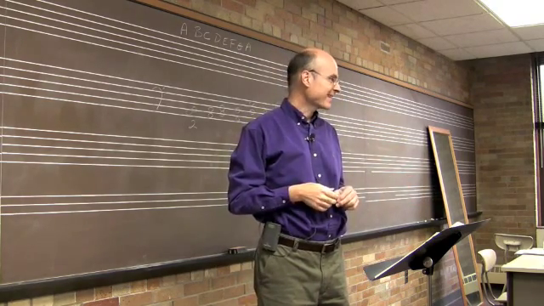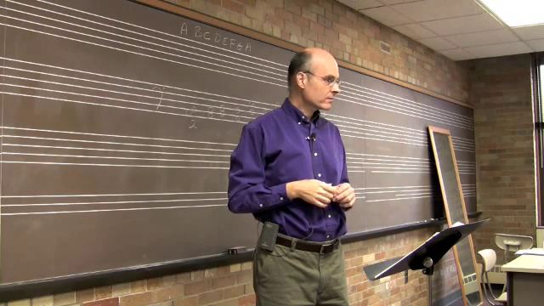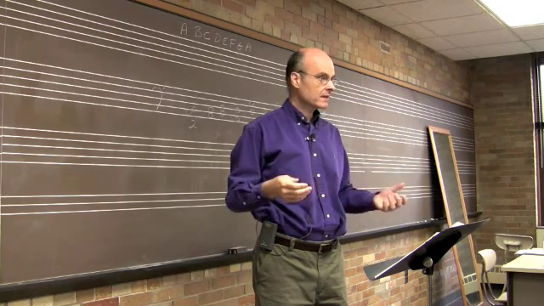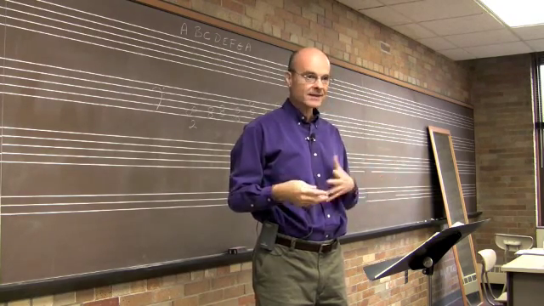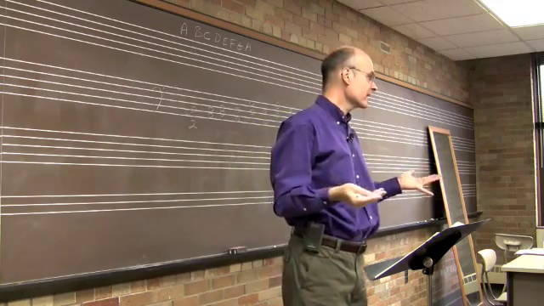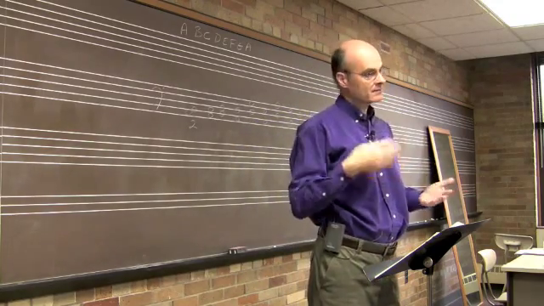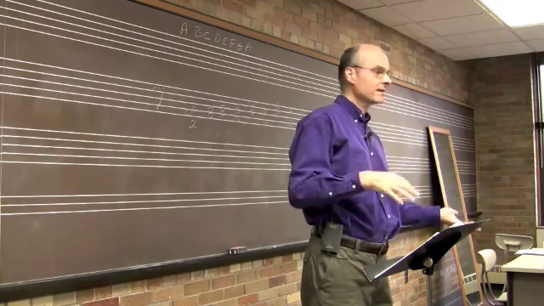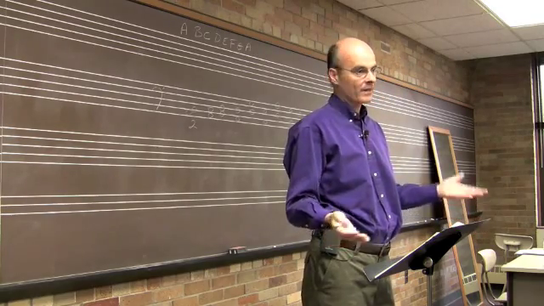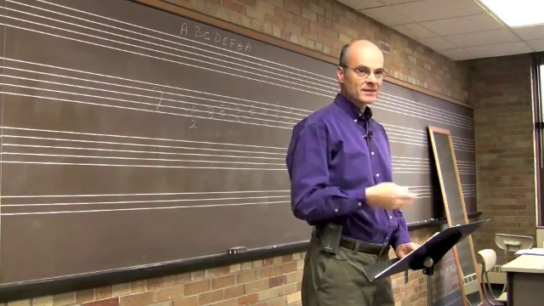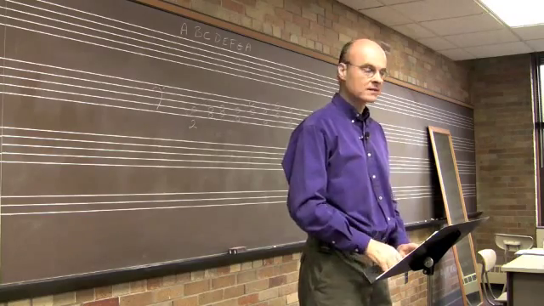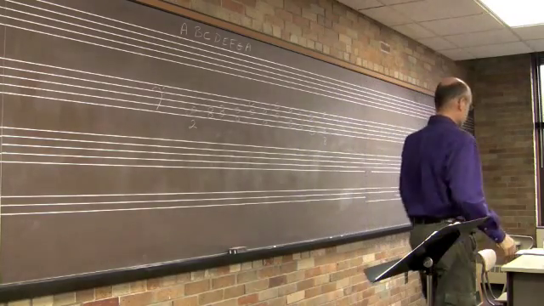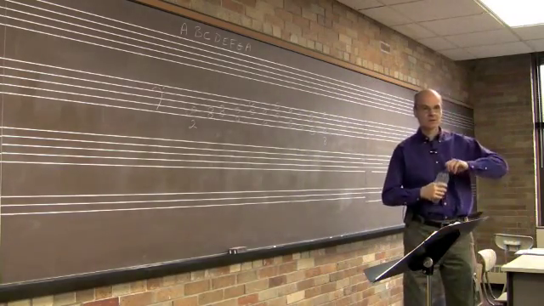E, right. What's a seventh above C? B. See how easy that is? And an octave, you know, is the same letter, right? So what's an octave above A? A. What's an octave above E? E. Easy.